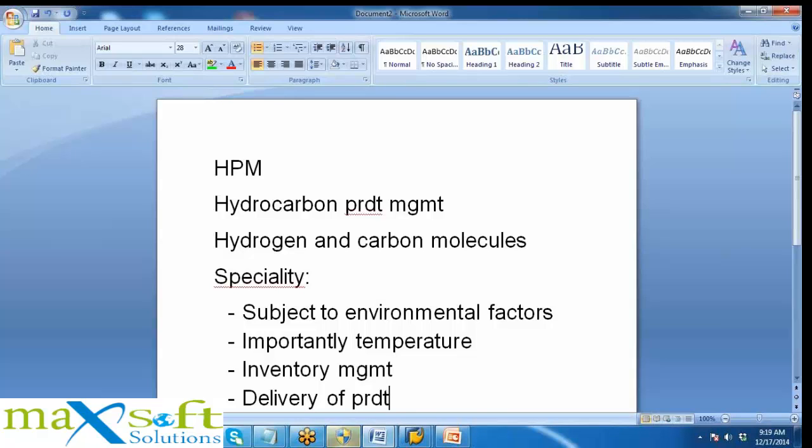Even in inventory management, it plays a role because you are keeping some stock. As the temperature changes, the volume changes, and the stock changes. That is inventory management. Next is delivery of the product. So these are the specialties, the issues pertaining to the oil business.